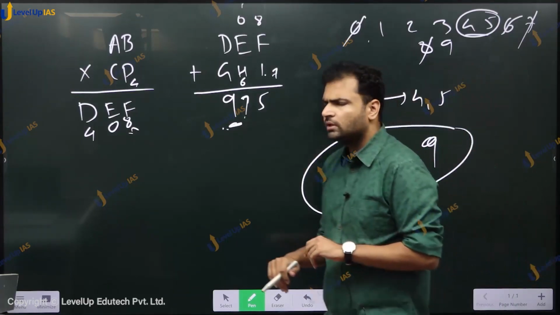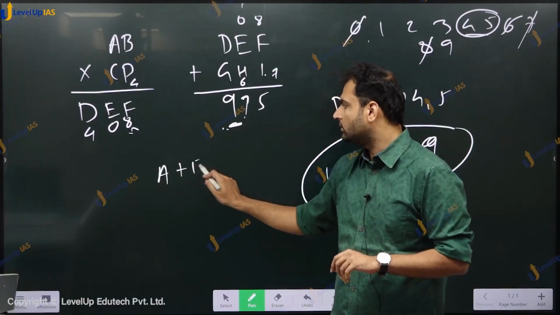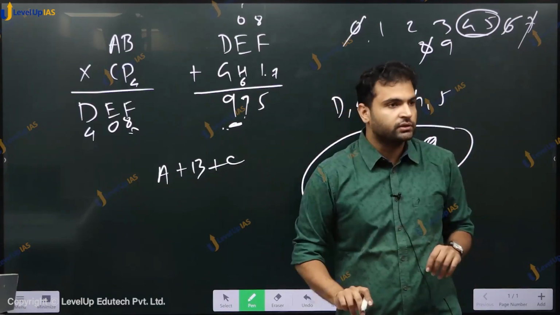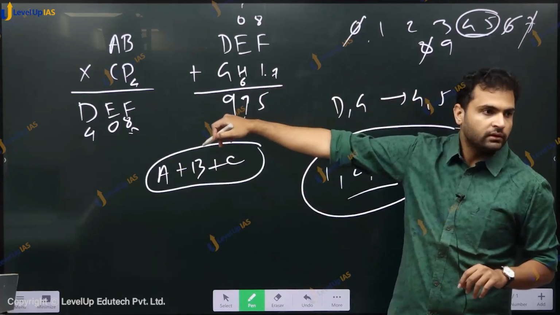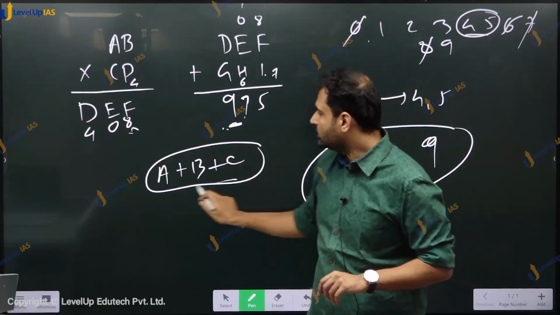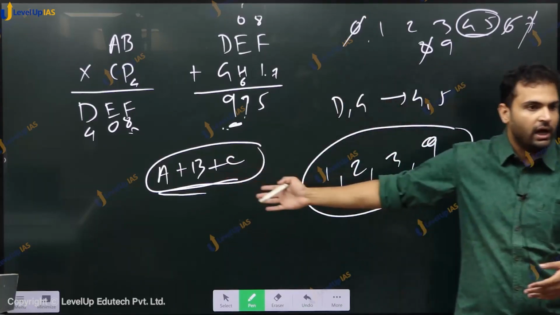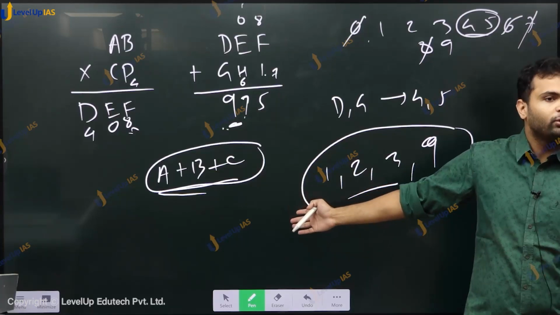Achha, from options. 6 is A plus B plus C. 6 is not ABC. 6 is the sum of the digits. So how can you put D as 6? D is not A plus B plus C, na? This is a different value. They are purposefully asking you a different value, so that you cannot put in options.